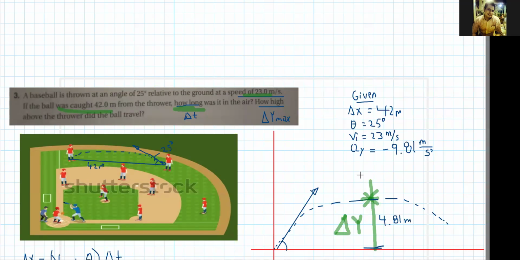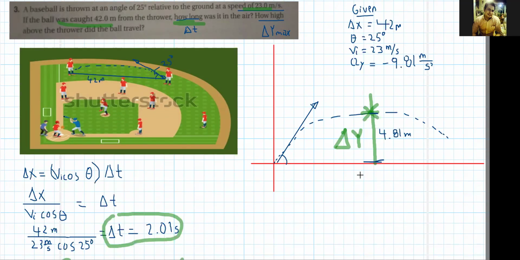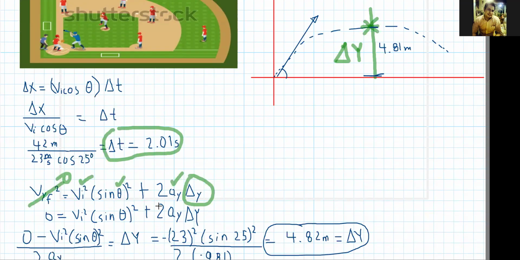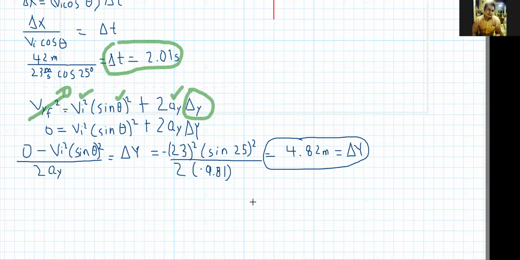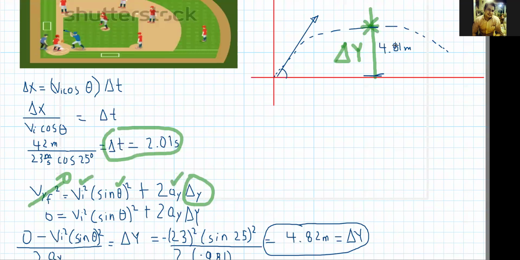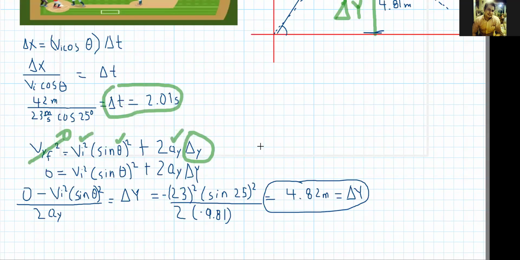And now we'll reply to the 2 questions that we have with this exercise 3. How long was the ball in the air? 2.01 seconds. And then how high above the thrower did the ball travel? 4.82 meters. This is the answer corresponding with this exercise, okay?